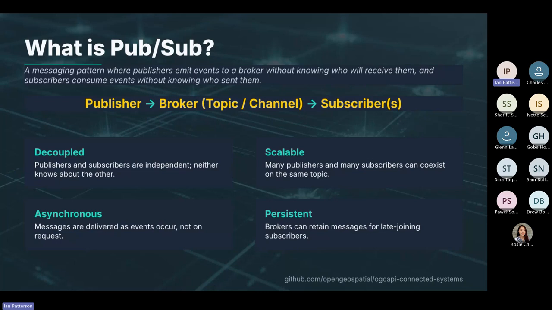PubSub is generally just a messaging pattern that relies on a broker to fan out messages from anyone who publishes messages to that broker. This is good for any number of reasons, but it allows them to be independent in such a way that a publisher doesn't necessarily have to know anything about anyone who will be receiving its data, other than, especially as part of something like Connected Systems, that it is speaking a correct format, so to speak.